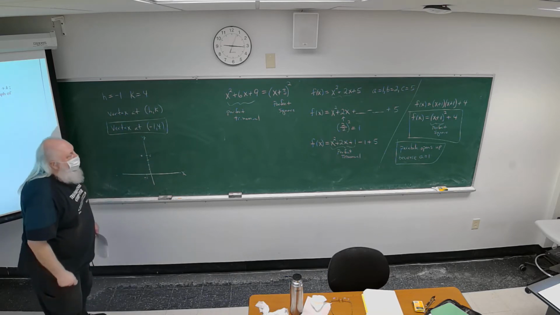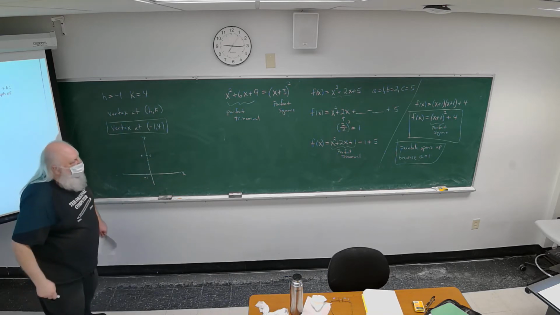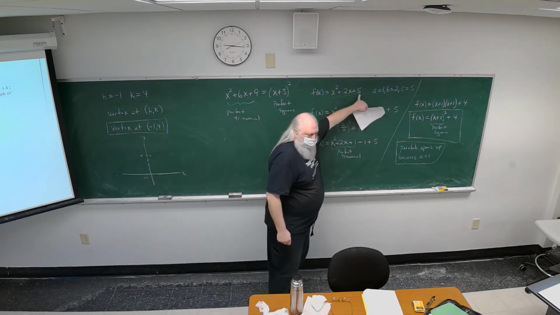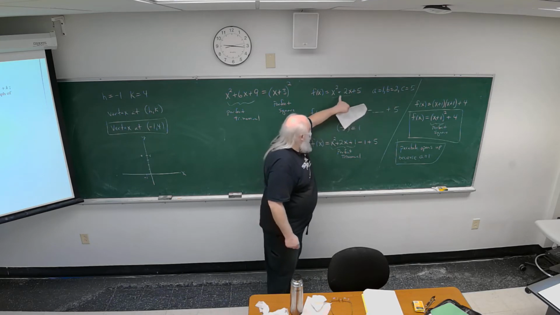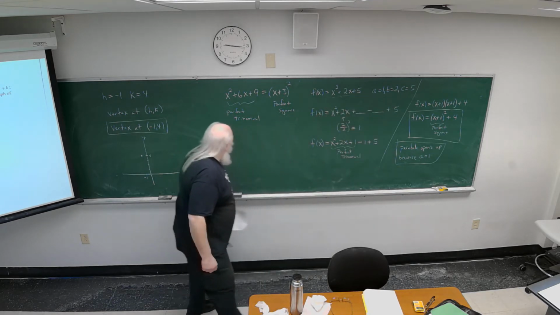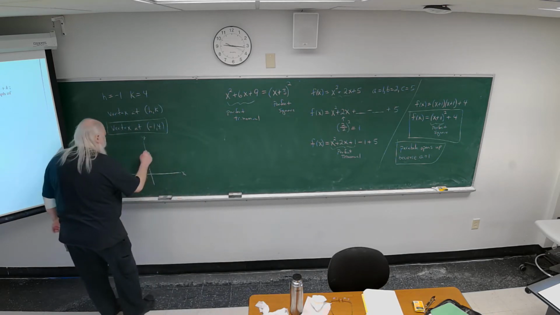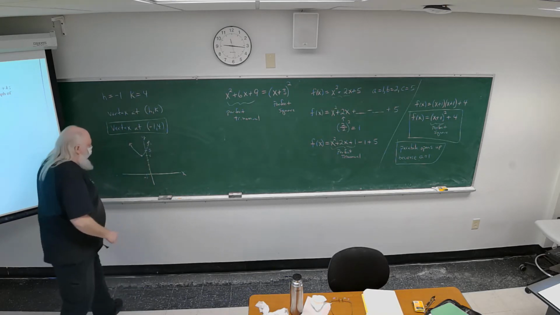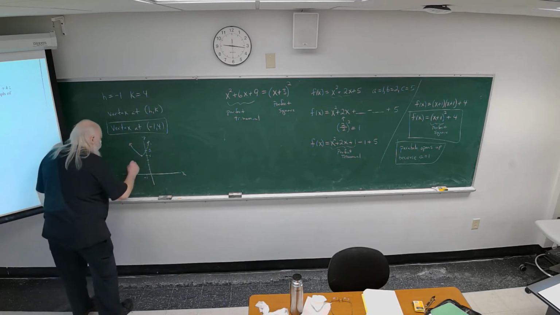And we know from Monday's lecture, the y-intercept of the graph of this parabola is y equals 5, because you put in 0 for x, both terms are equal to 0. So it's going to cross the y-axis at y equals 5. So very crudely, that's what the graph looks like.